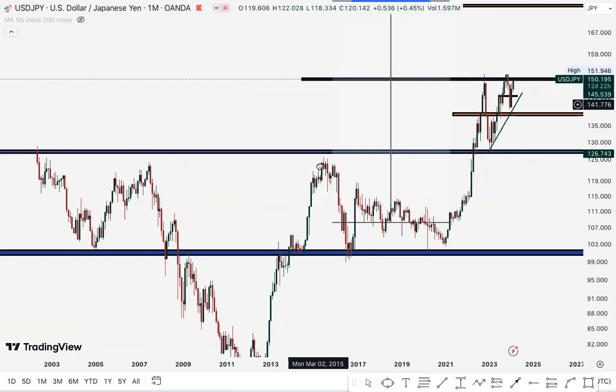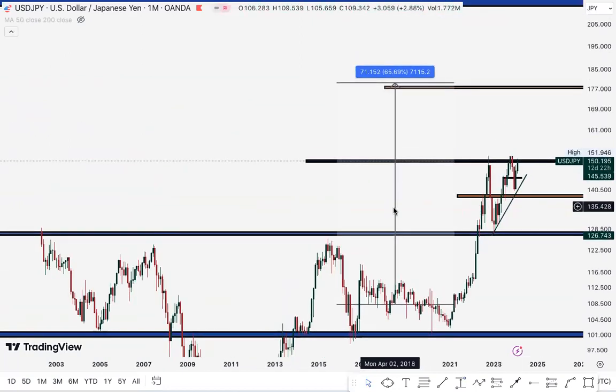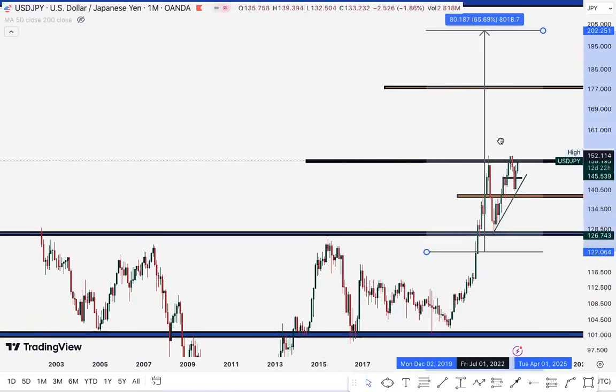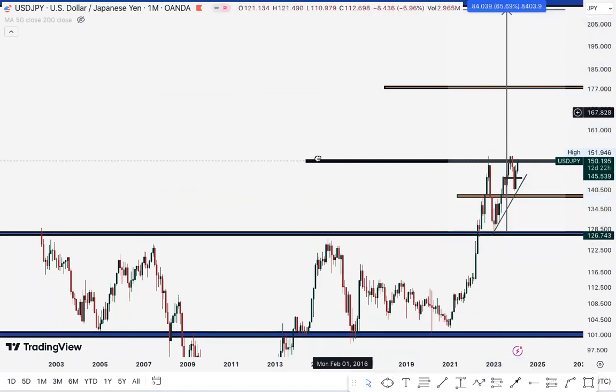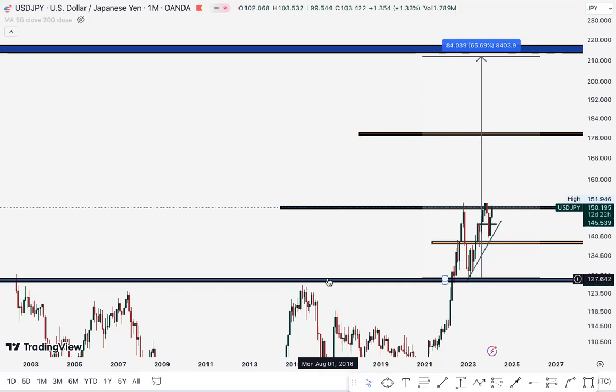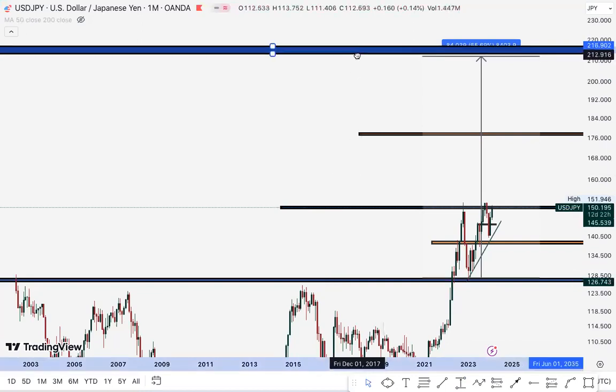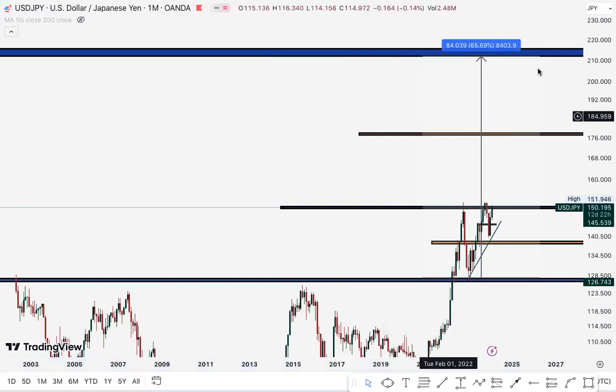Now, if you want to measure the amount of pips this could rally into, you're looking at from here to here. So I just cloned my key level and brought it all the way here. You can see that we have something that looks like 8,403 pips to the upside.